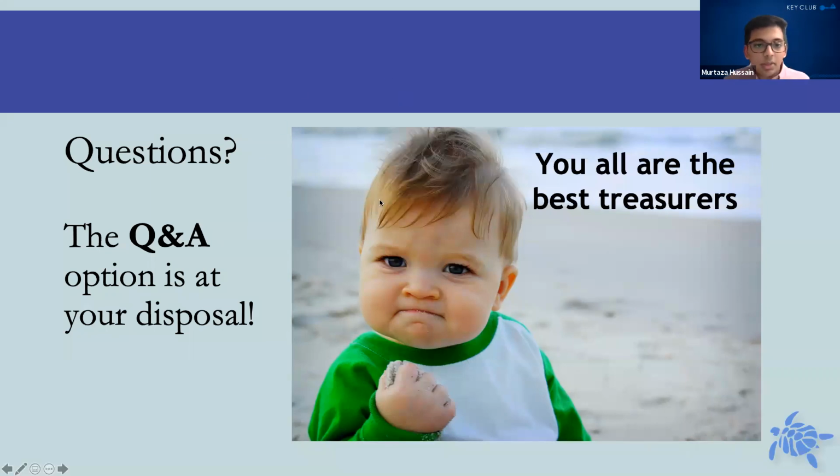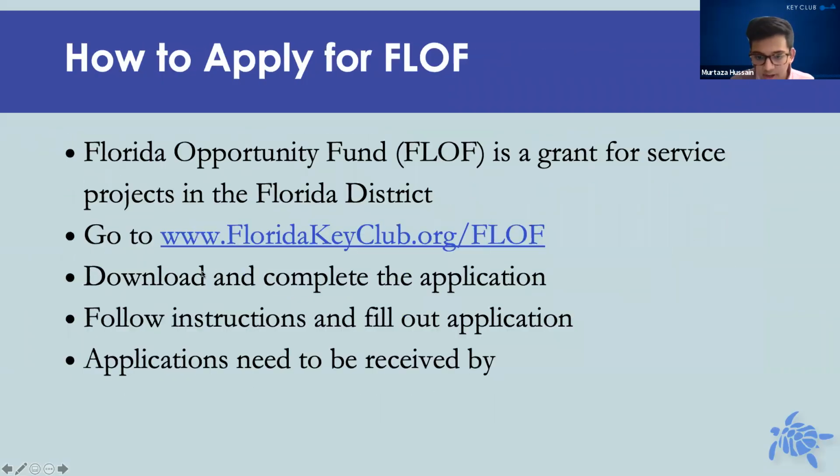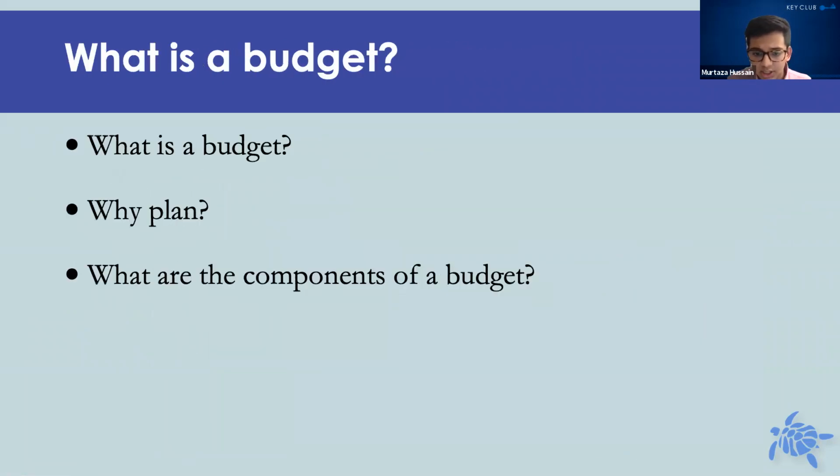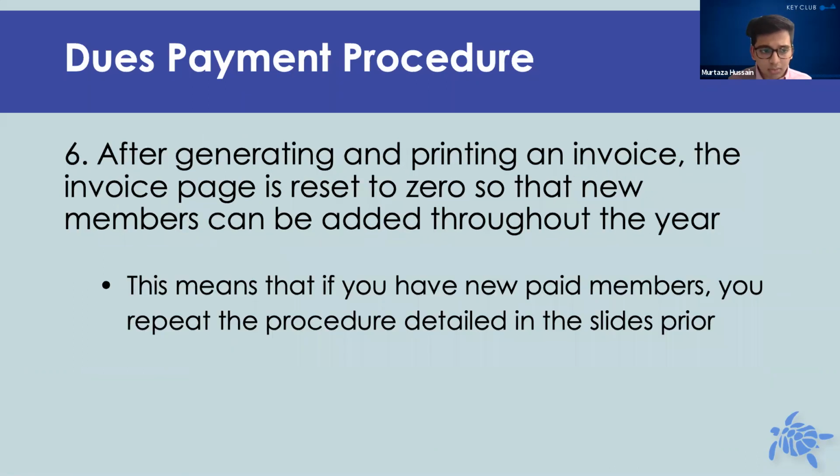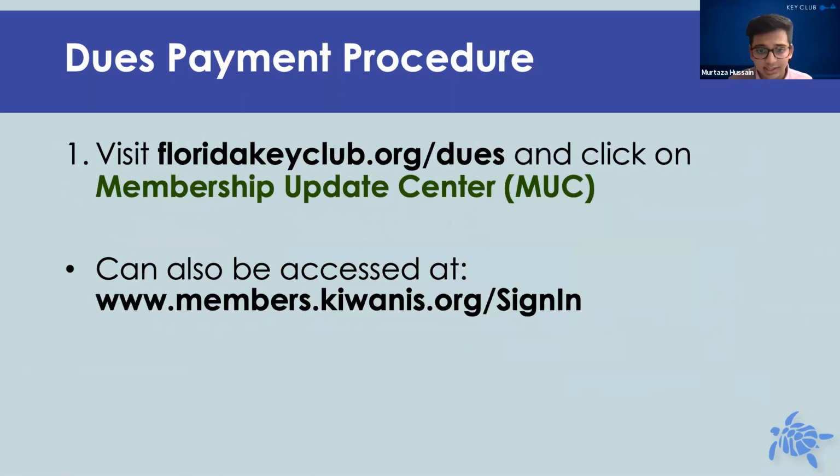All right, so the first question that we have is from Sierra, and she's asking, can you go over how to do an invoice more? Yes, definitely. In order to know how to do an invoice, it was kind of detailed in this presentation. I'll be happy to briefly go over it. But really the first and foremost thing is that you do want to access the Membership Update Center.